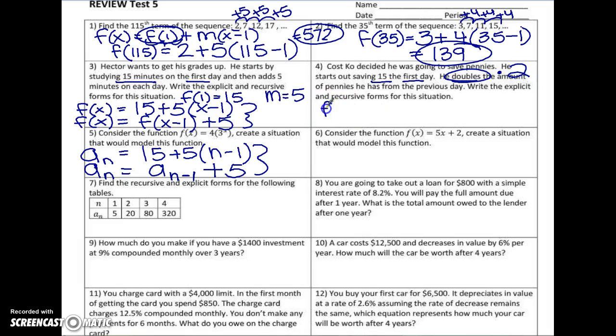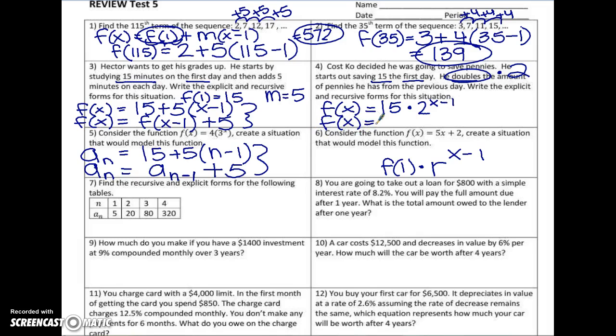So we are writing out our explicit of an exponential. So I still put my f1, but then I times it by r to the exponent x minus 1. So f of 1, the output of the first day, is 15. I'm doubling, timesing by 2 to the exponent x minus 1.